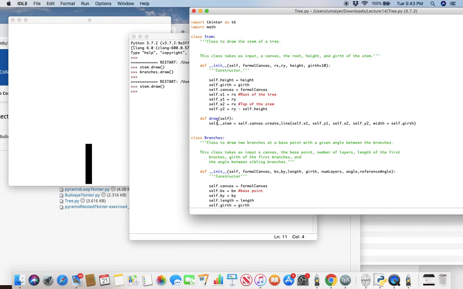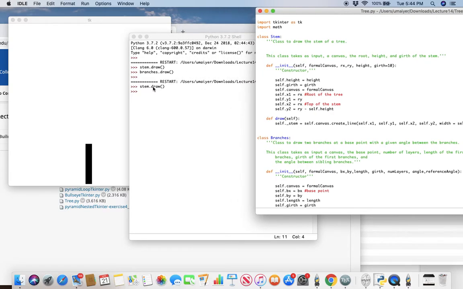How do I draw the stem? In the canvas, create a line segment from the base, that is the root coordinates, to the top coordinates of a certain width. Width tells me how thick I can draw my line object. So that's how I got the stem part.